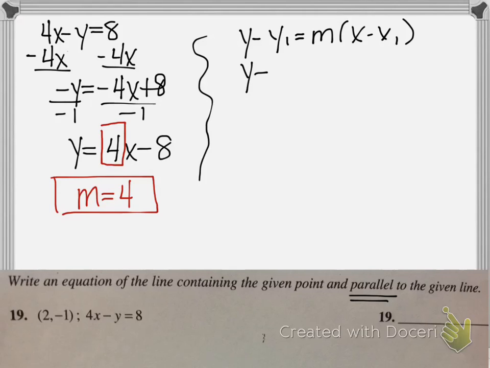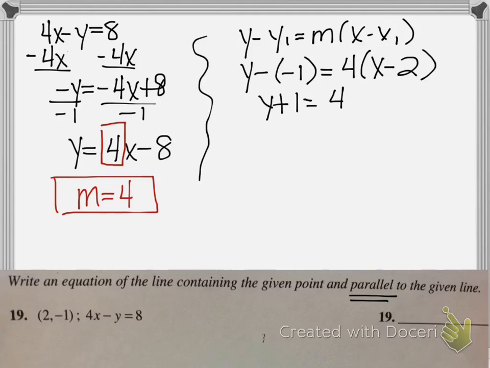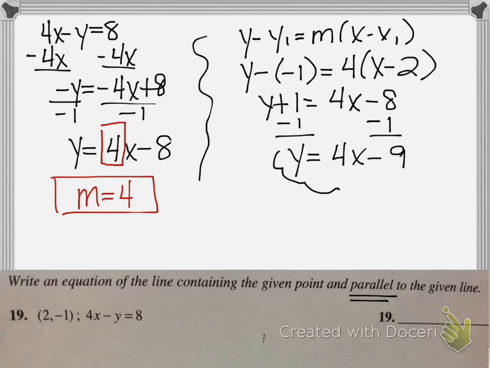So y minus my y coordinate, which is negative 1, equals my slope of 4 times x minus my x coordinate. So this is y plus 1, and when I distribute, I get 4x minus 8. Get the y by itself. So I have 4x minus 9. So y equals 4x minus 9.